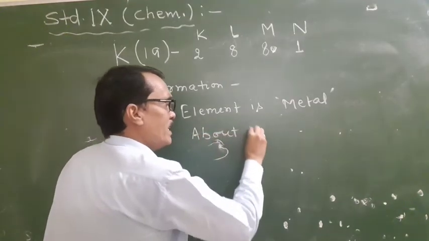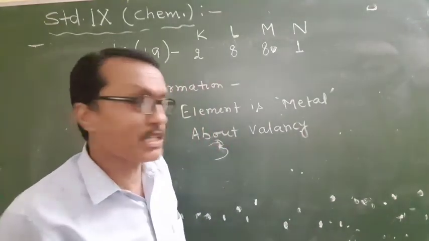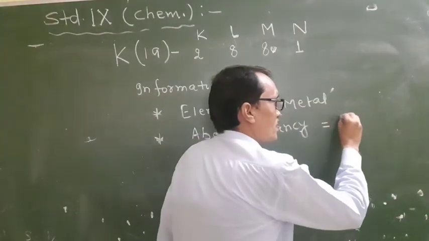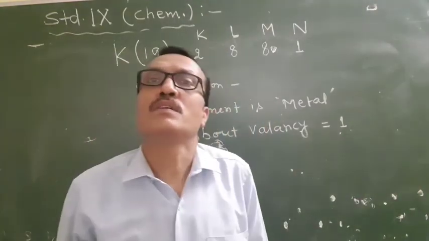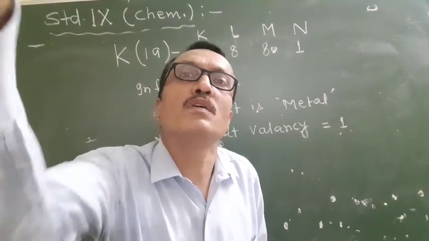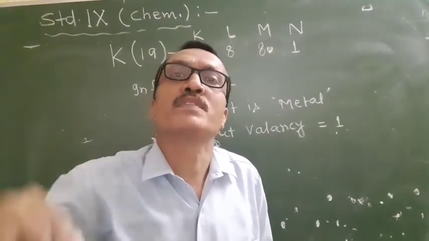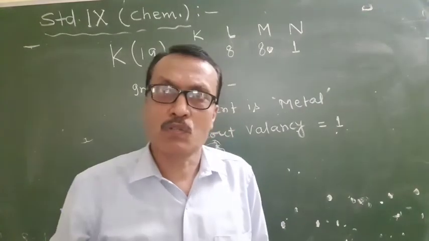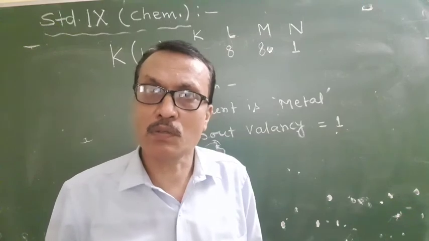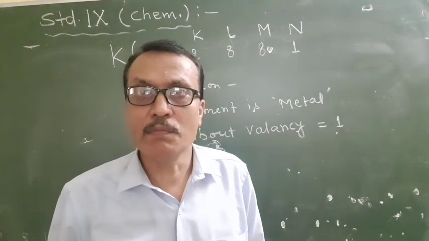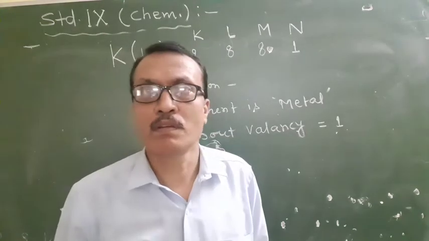About valency. Students, here the valency of potassium will be 1. Why 1? Keep in mind, students, if in the outermost orbit there are 1 to 4 electrons, then the valency of the element will be the same.